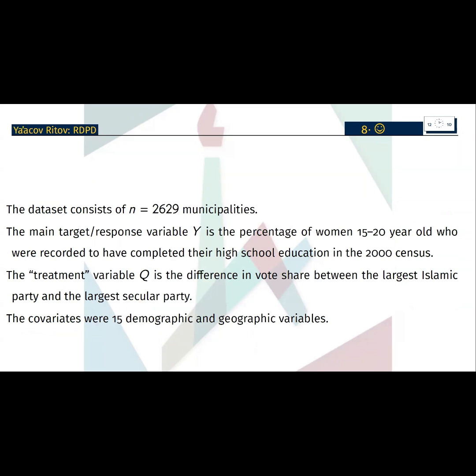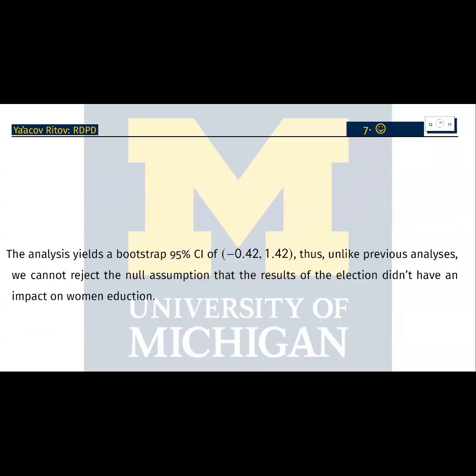The treatment Q was whether the difference in vote share between the largest Islamic party and the largest secular party was our Q. Here we found that there was no real effect of who controlled the municipality, which goes against the standard result in the literature.